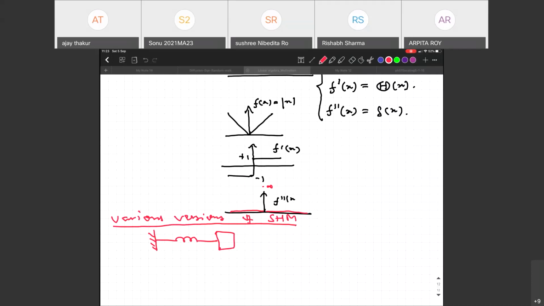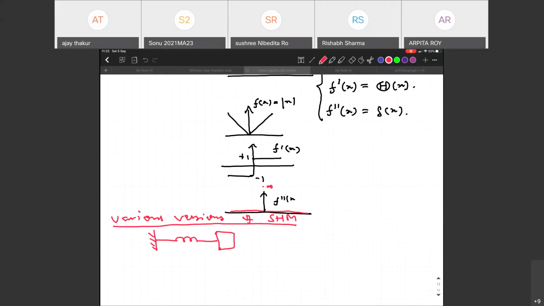First of all, what is harmonic motion? Harmonic motion is something which will repeat itself. And when we say simple, that has a much deeper meaning. It suggests that things are within the linear regime.